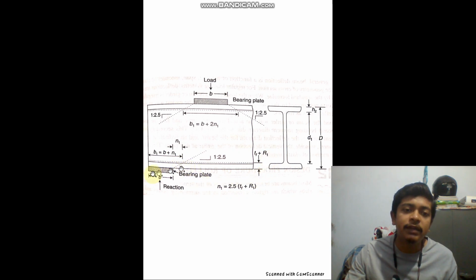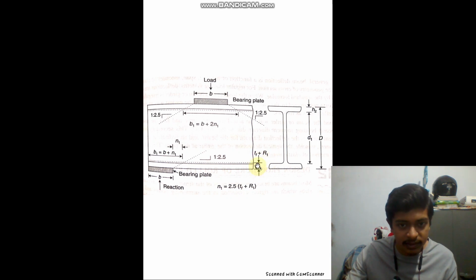So basically you have to find the length over which the load that is coming onto the beam and the base plate is being supported. The total length becomes B plus N1, where N1 is 2.5 times TF plus R1. This is the vertical distance that you are traveling upward, and if you convert it into horizontal, from here to here, it becomes 2.5 TF plus R1.